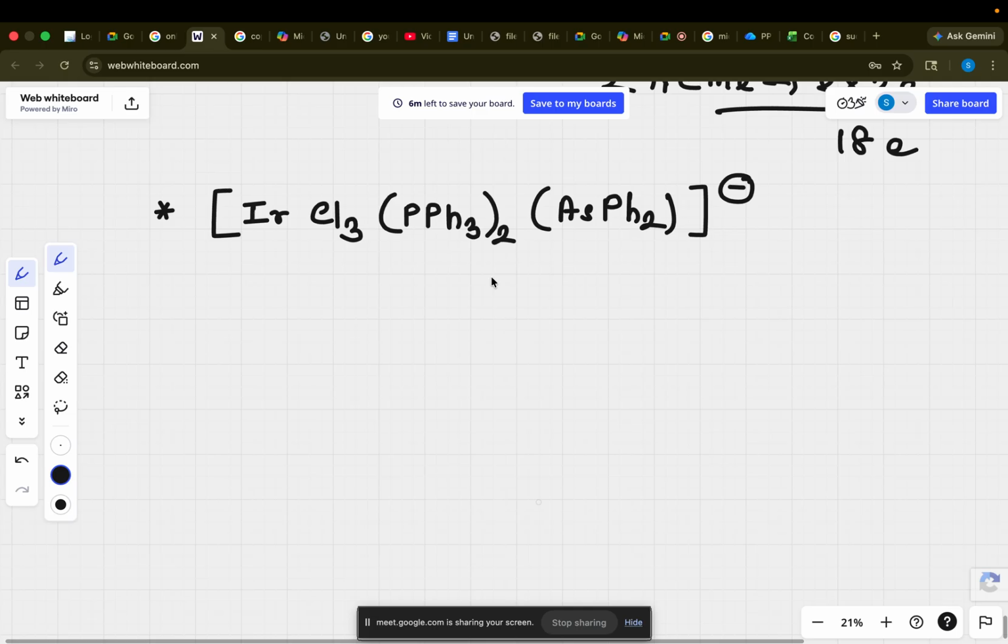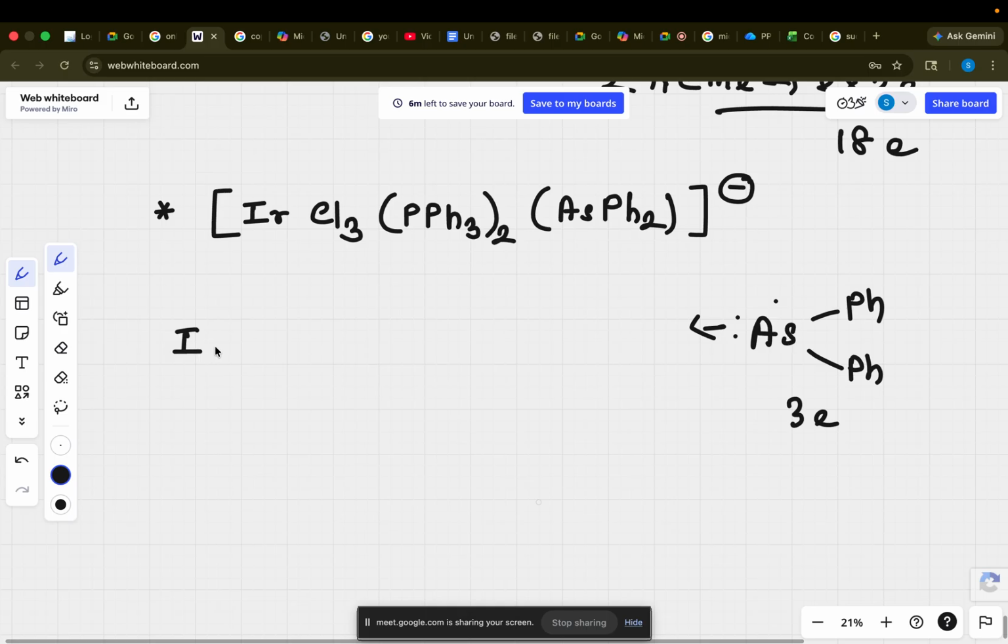So you know everything except this AsPH2. So draw the structure of AsPH2. So AsPH2 means this, right? Basically they have 5 valence electrons. Already 2 electrons are involved in bonding. So it is donating how many electrons? 3 electrons: 2 electrons here, and this is your one odd electron.